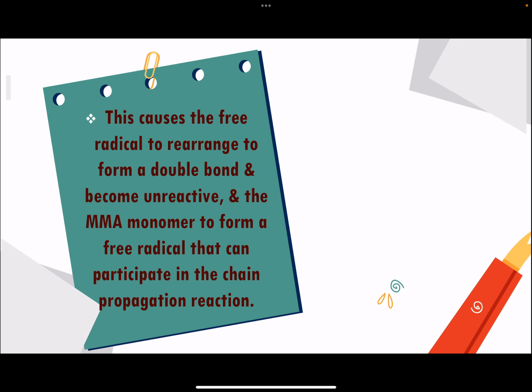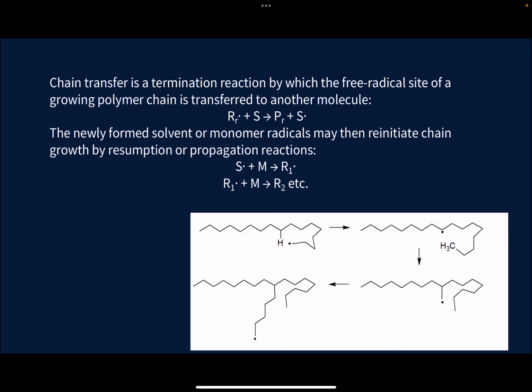This causes the free radical to rearrange and form a double bond, and that becomes unreactive, and the methyl methacrylate monomer forms a free radical that can participate in the chain propagation reaction. Chain transfer is a termination reaction also, by which the free radical site of a growing polymer chain is transferred to another molecule. The newly formed solvent or monomer radicals may then reinitiate the chain growth by resumption of propagation reactions.